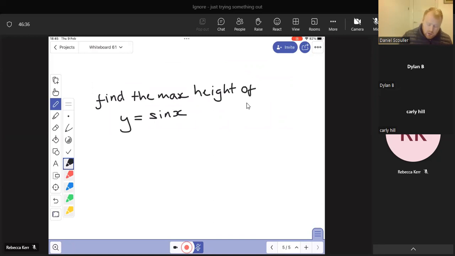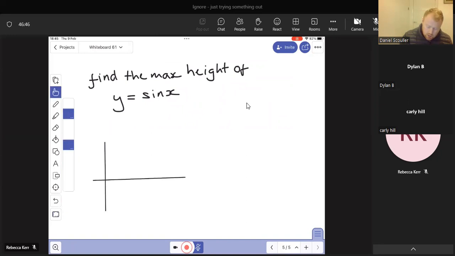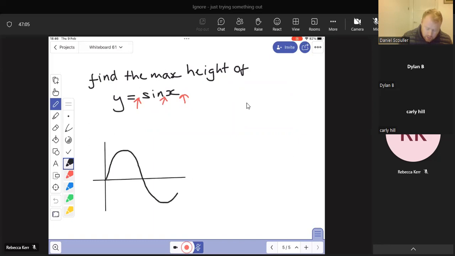Now we know when we drew out sine x, if I've got nothing in front of the x, and nothing added onto it, a normal sine x graph is just 0, goes up to a maximum, cuts through at 180, and then hits 0 again at 360. Okay, that's our normal sine x.